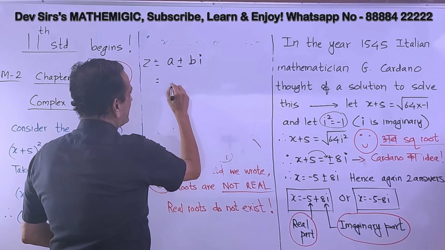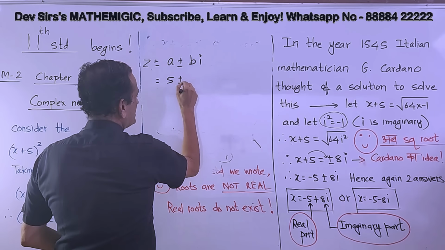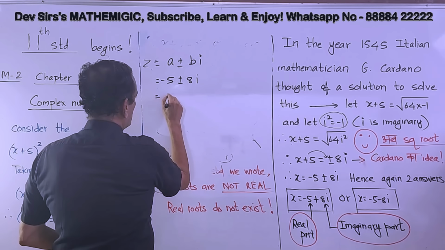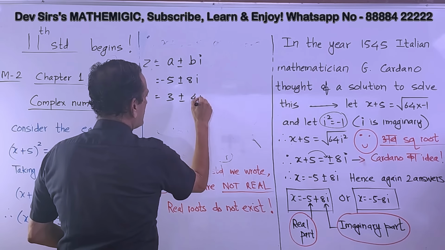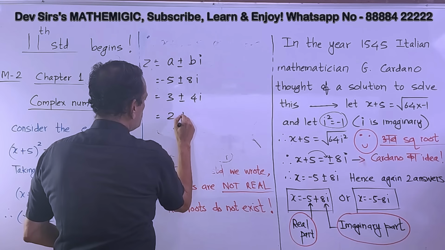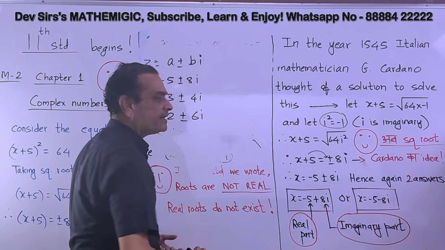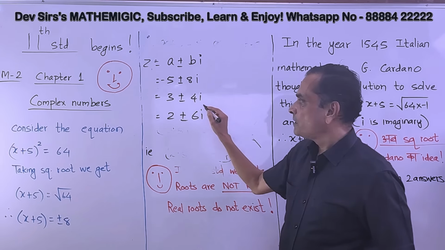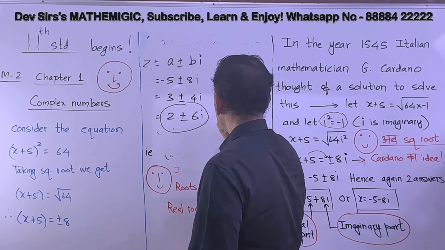As we have seen here, it can be 5 plus or minus 8i, 3 plus or minus 4i, 2 plus or minus 6i, anything. Combination of real part and imaginary part. This is called as a complex number.